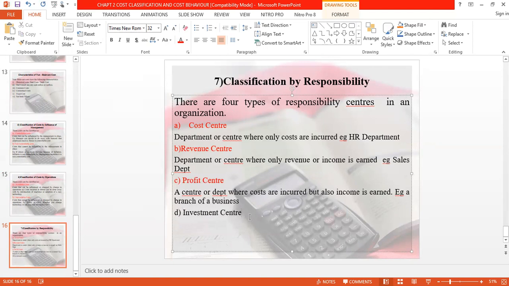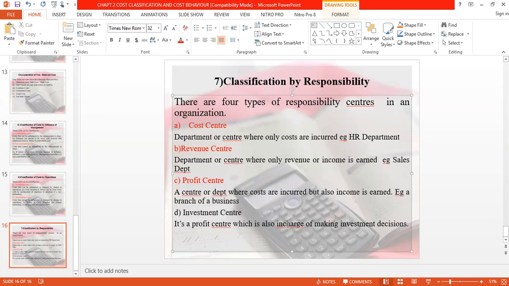Number D, we have what is called investment center. So what is an investment center? It's a profit center which is also in charge of making investment decisions.